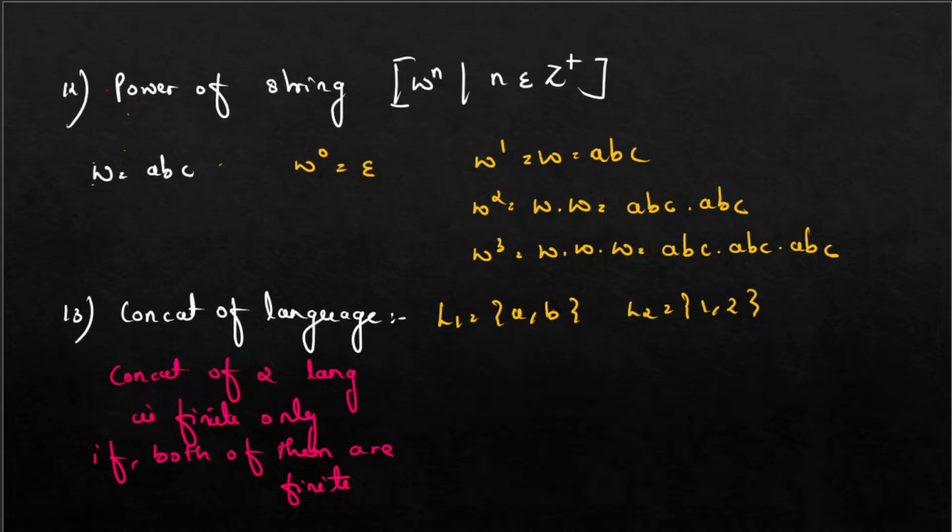So it will be L1 dot L2, which is a1, a2, b1, b2, like this. So this will be the case.